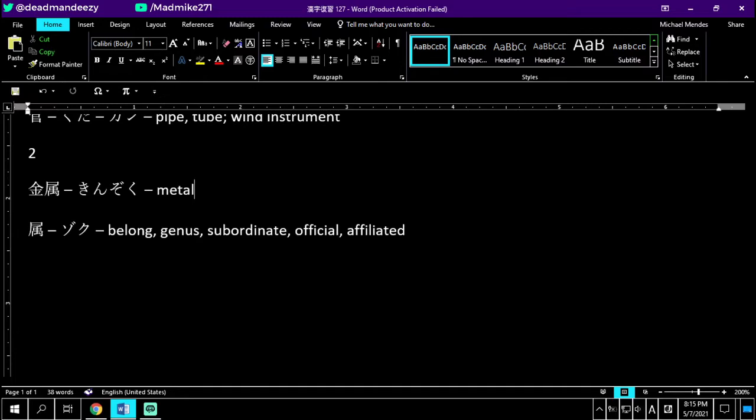Coordinate, affiliated, official, affiliate.